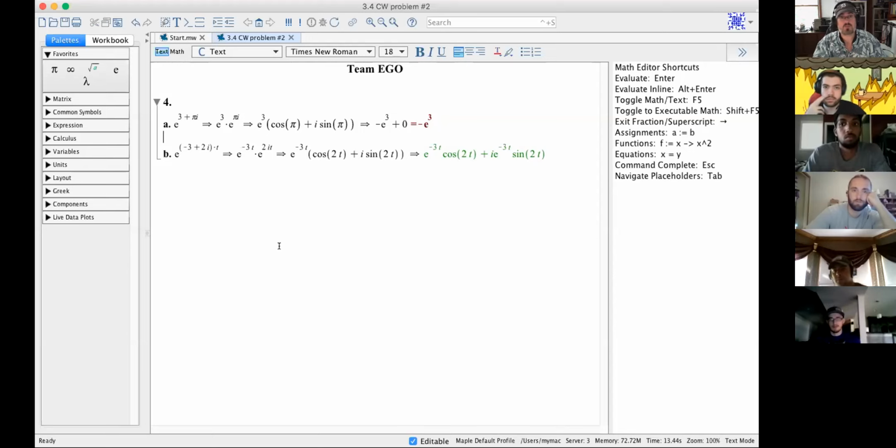But what the hell does e to the 3 plus i pi power mean? That can't possibly make any sense. And what you see right here is the e to the 3 part, that makes sense to us. But the e to the i times pi power is just -1.